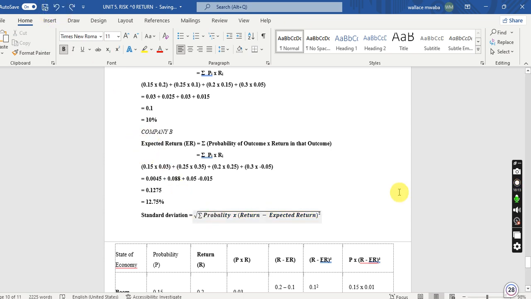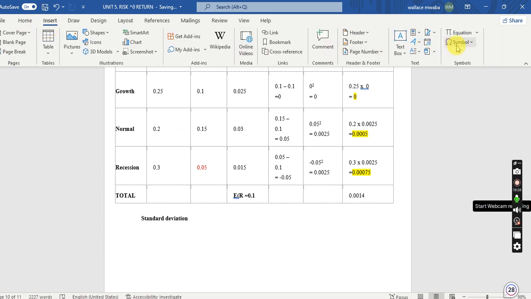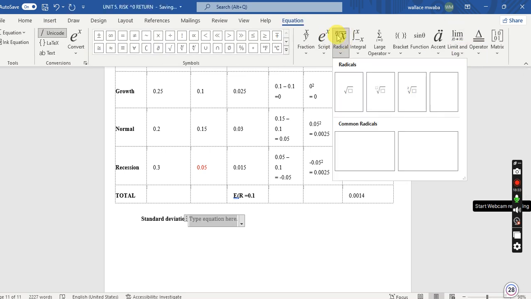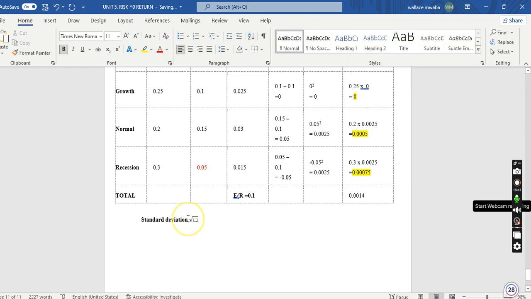For the standard deviation, we get the square root of 0.0014.